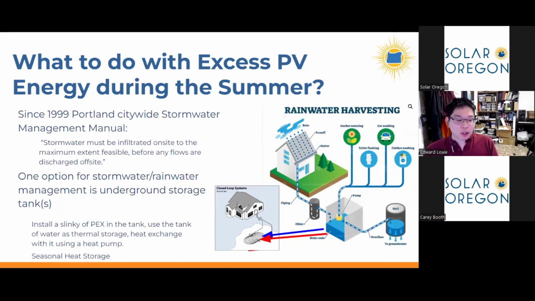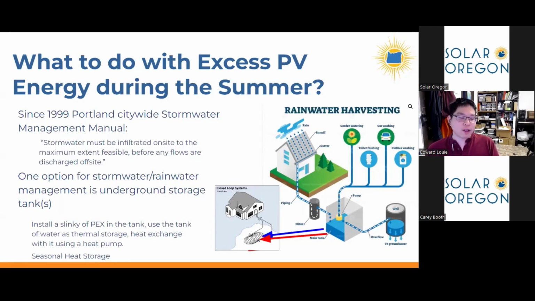And so could you use this system for not only offsetting your water usage in the summertime, but also use that heat exchanger so that during the summertime, you're rejecting air conditioning heat to this tank of water and warming it up? And since it's underground, it's insulated by the dirt. Could you then pull that heat back out of this several thousand-gallon water tank in the wintertime and use that to make it easier to heat your home?